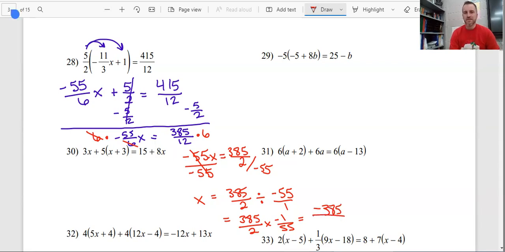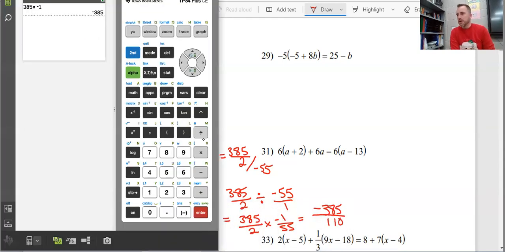Normally, I wouldn't type in 385 times -1 in my calculator. 2 times 55, that makes 110. And then we can simplify that. Hopefully you see they can both divide by 5. So I'll take that number and I'll divide it by 110. Not negative, struggle bus. And I get -3.5.